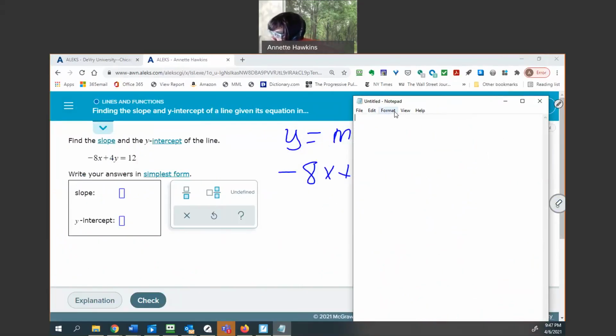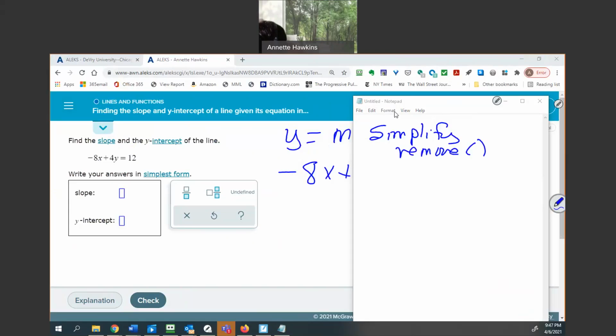to solve an equation, we simplify. That means remove parentheses, remove fractions, add like terms on the same side.